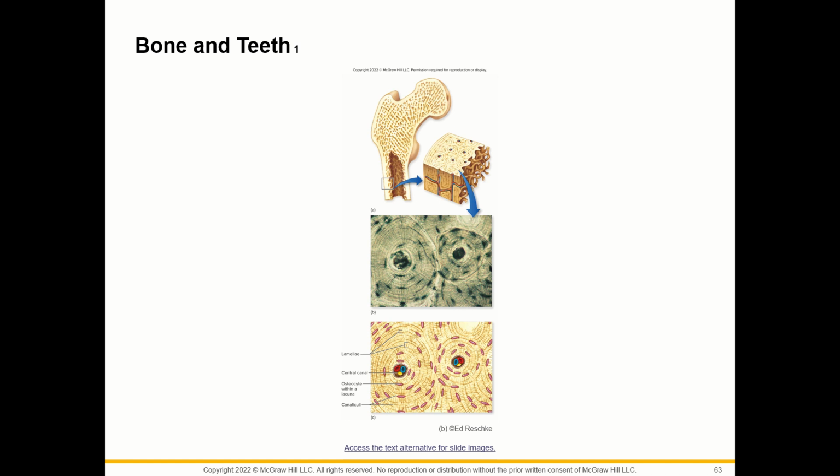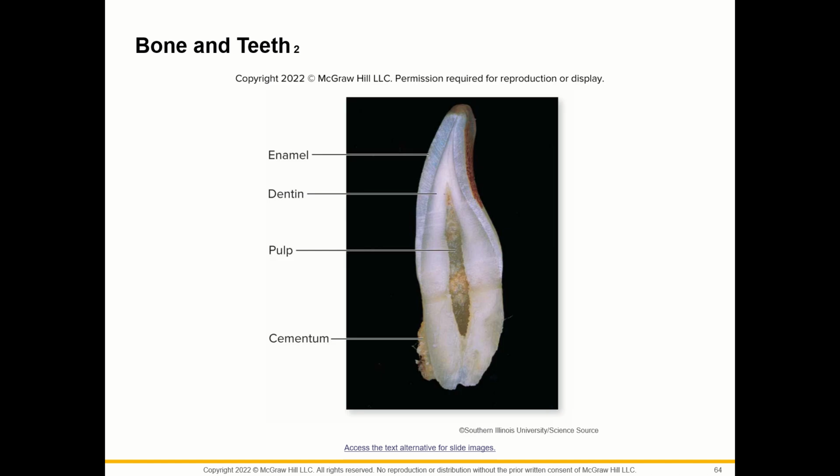And you can see the central canal with the artery in red, a vein in blue, and a nerve in yellow. And then these sheets of bone called lamellae are going to be built by the osteoblasts. And then once the matrix surrounds the osteoblasts and hardens, the osteoblasts mature into osteocytes, and they reside in their lacunae for as long as they live.